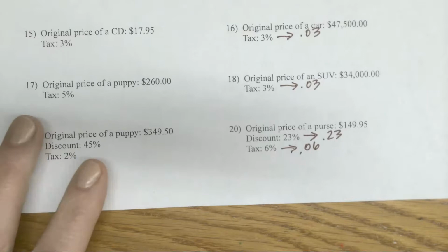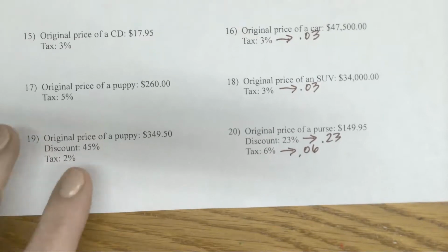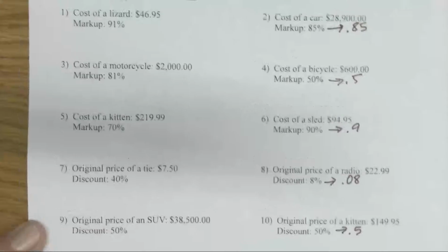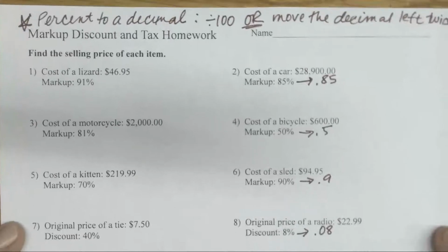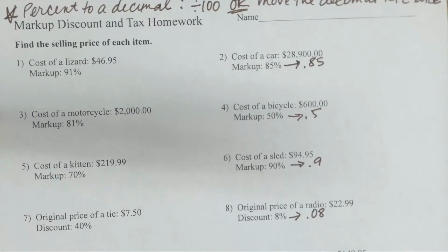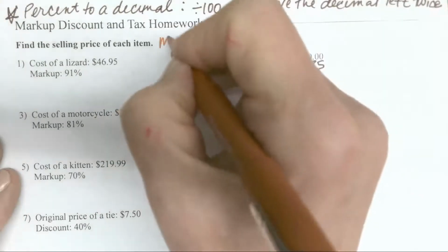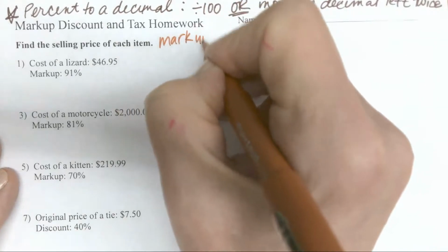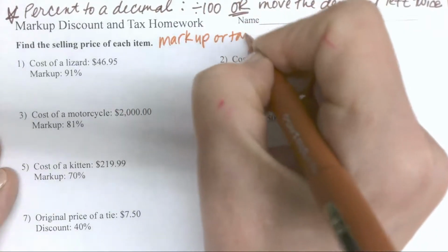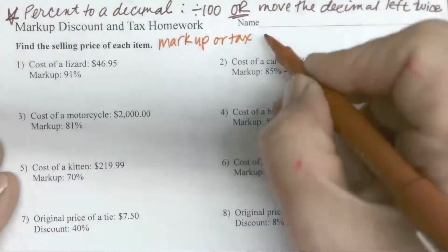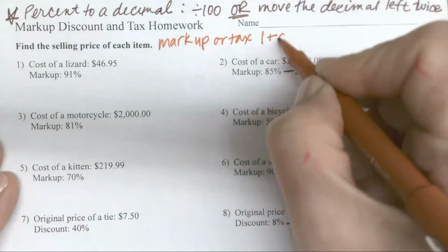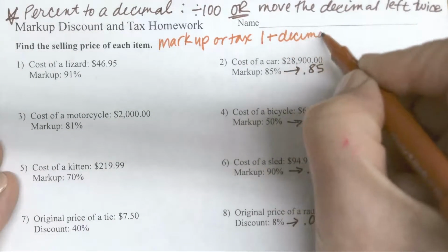All right. Then now we're going to get to the math part of it. This is what I need to work through when I do a problem. If it is markup or tax, I do 1 plus the decimal before I do my math.